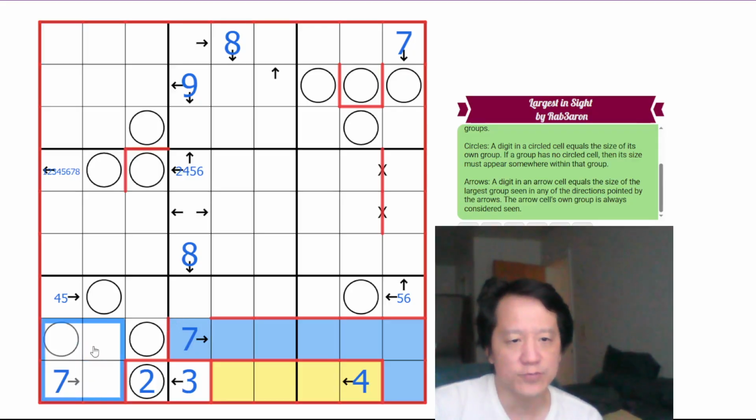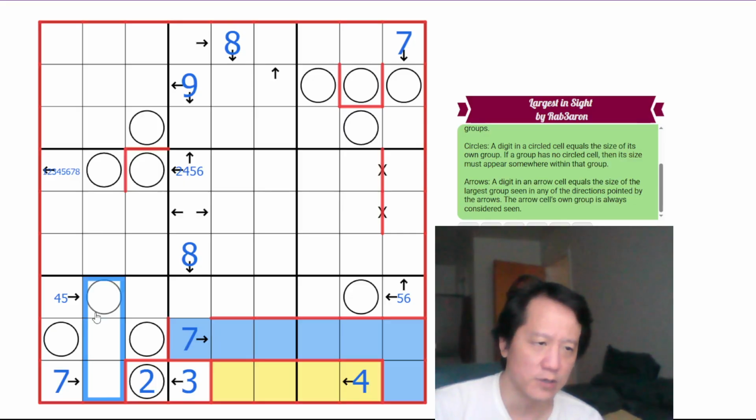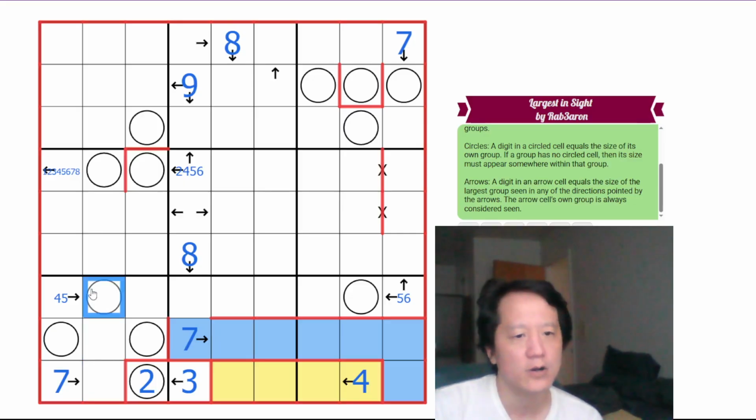It has to have a 3 somewhere here. It could be 3 here. Okay, it can't be just 3 here, because if that's 3 there, the problem is that this would have to be size... It can't be size 2. It can't be size 1.